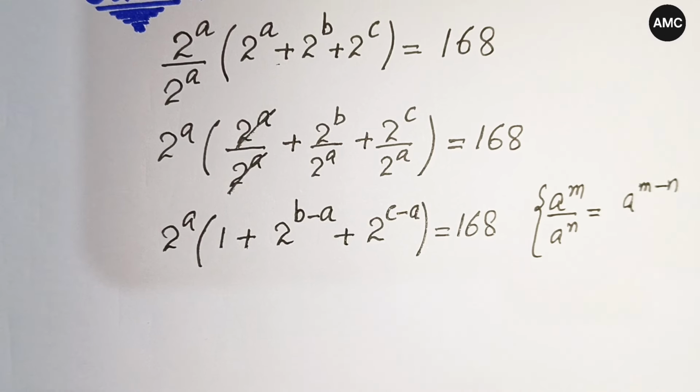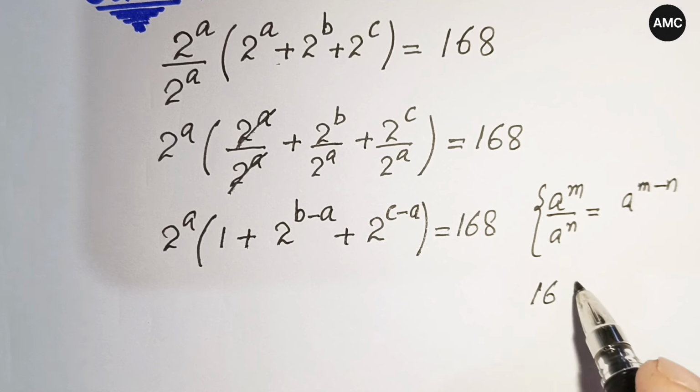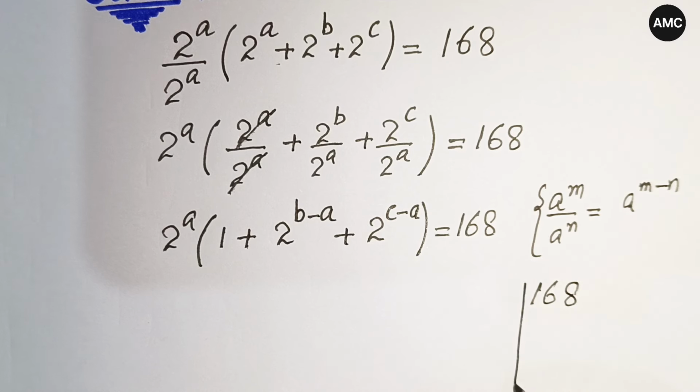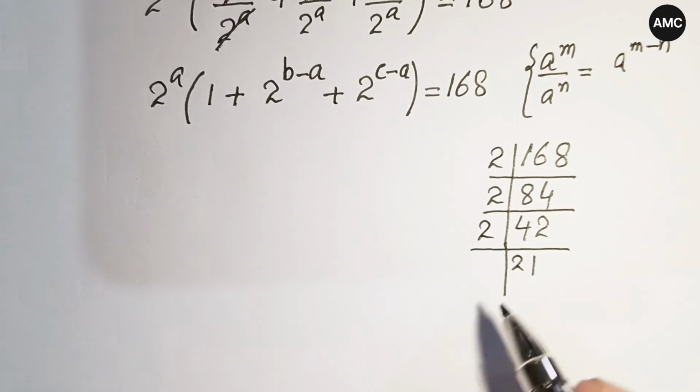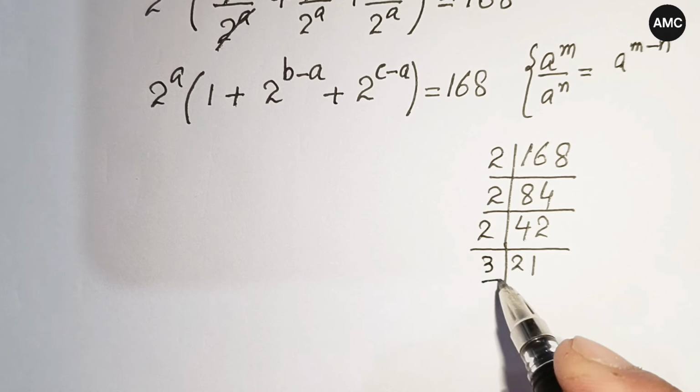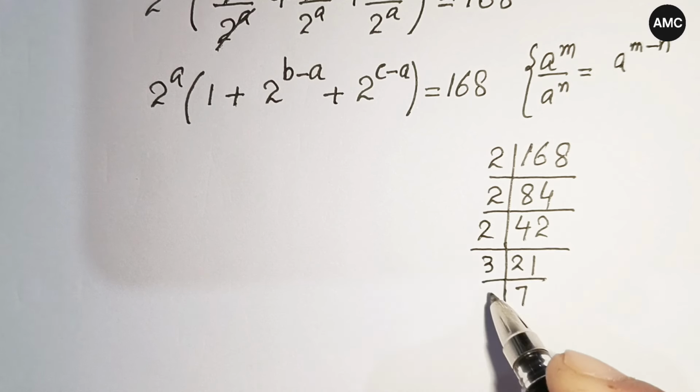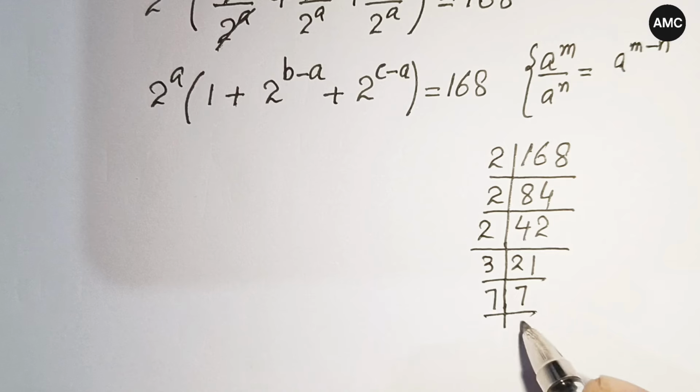Now this 168 can also be factorized. If we divide by 2, we get 84, since 2 eights are 16 and 2 fours are 8. Similarly, dividing again by 2, we get 42. Again dividing by 2, we have 21. If we divide by 3, we get 7, and dividing by 7 we get 1.